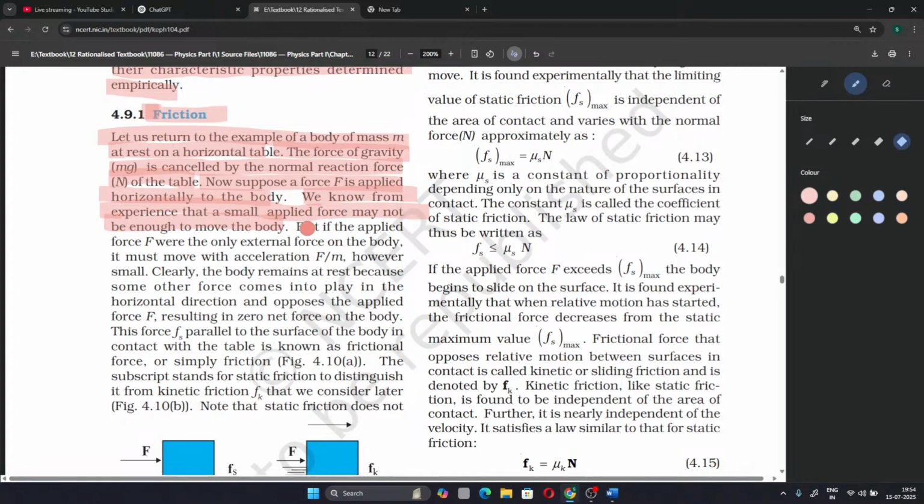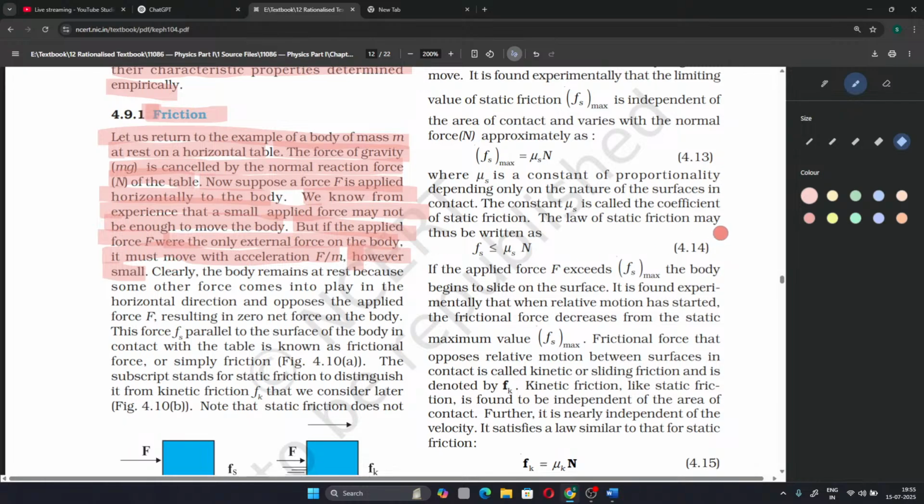That is okay. But if the applied force F were the only external force on the body, let's assume that scenario, then it must move with an acceleration, force per mass, however small.